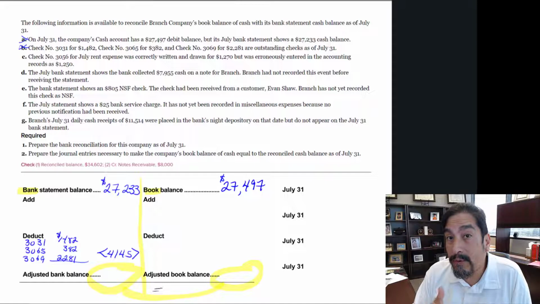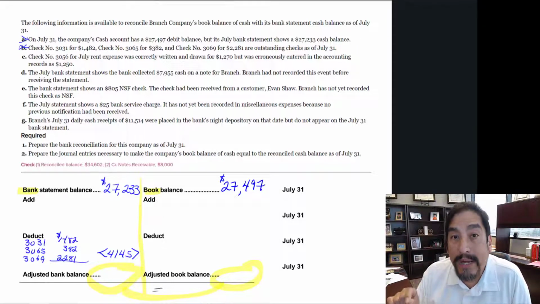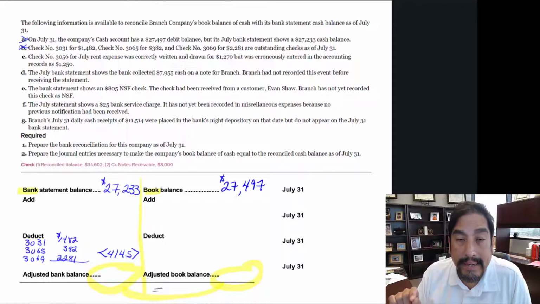So we're going to start off with which side does it go on. The check for rent expense was correctly written, so that means our rent was $12.70. And correctly drawn, so the bank properly pulled $12.70 out of our account. So the bank side is good. The correct amount is $12.70.